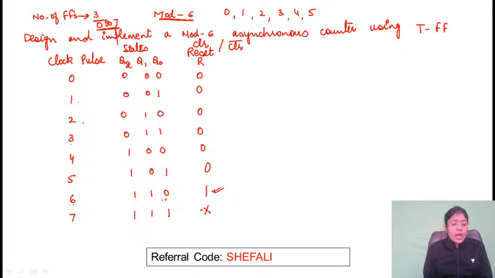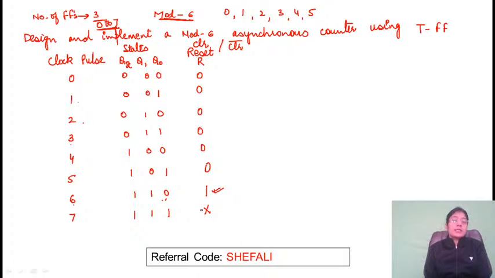Now, whatever we have in mod, we should take one less than that to use in reset. Basically, children, don't cram it this way. Just consider that whenever you take any mod n, mod means what? What will be the remainder after dividing some number by a particular number?